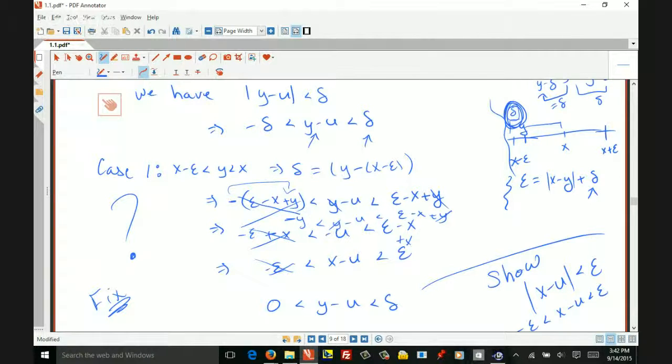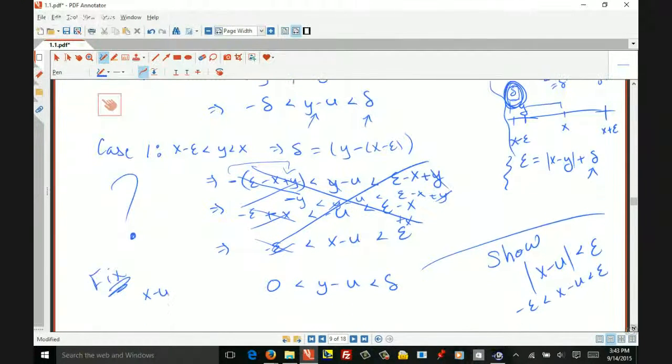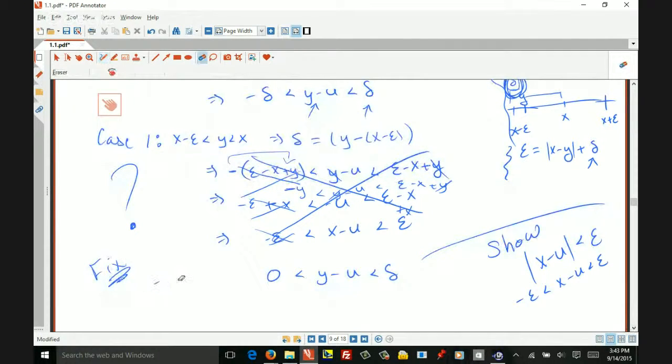Why is there an x minus u in the left? Okay. So what we're trying to get at is, so this is all wrong. We're trying to get an x minus u. That's what we need. That's our goal. So this is what I know for the case. Let me rewrite this all so it looks pretty.